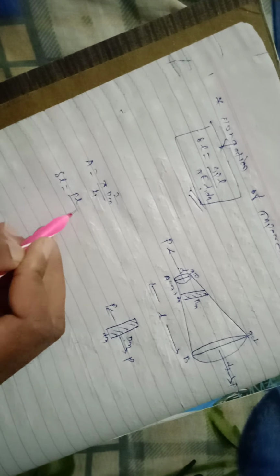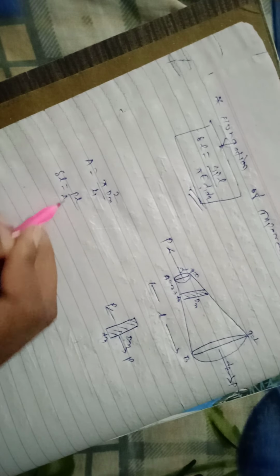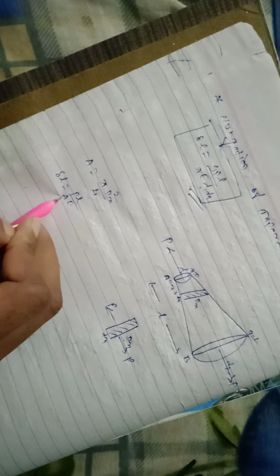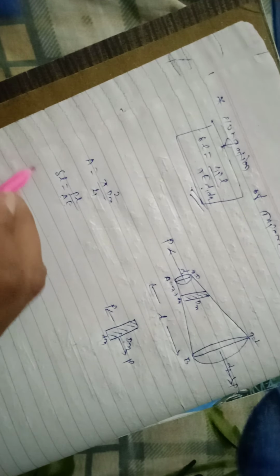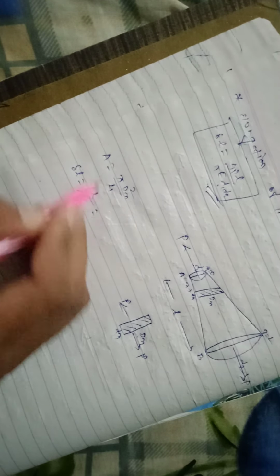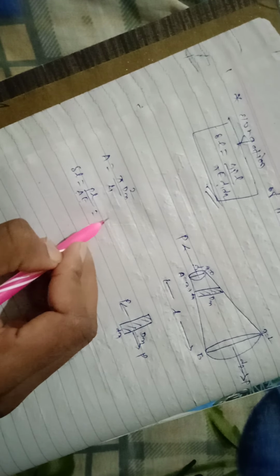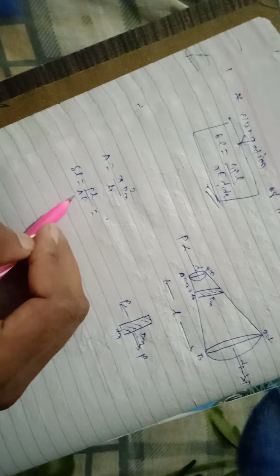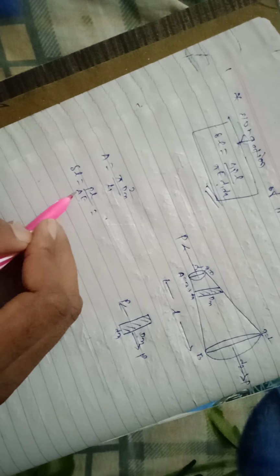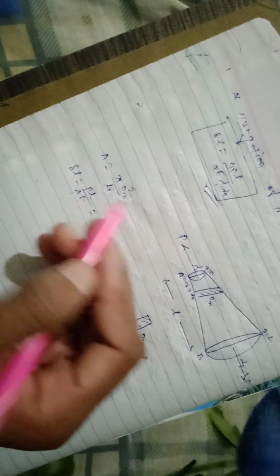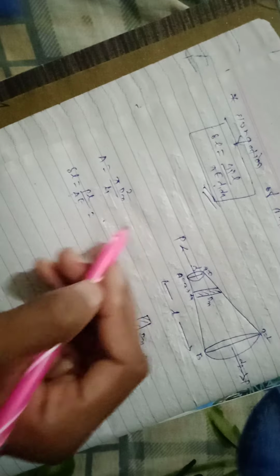Force into original length upon A into E, where A means area and E means Young's modulus of elasticity. What do we write there? After calculating, if we put A equal to pi by 4 dx square, the 4 goes upward.